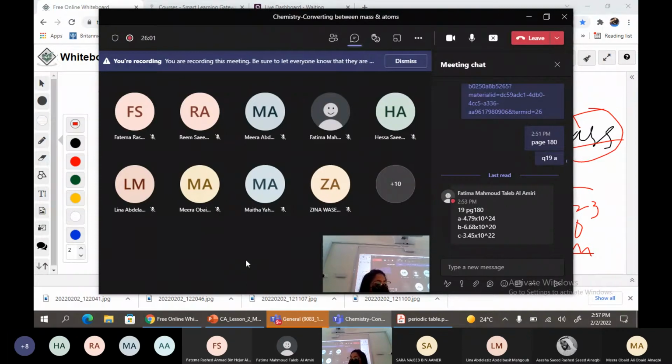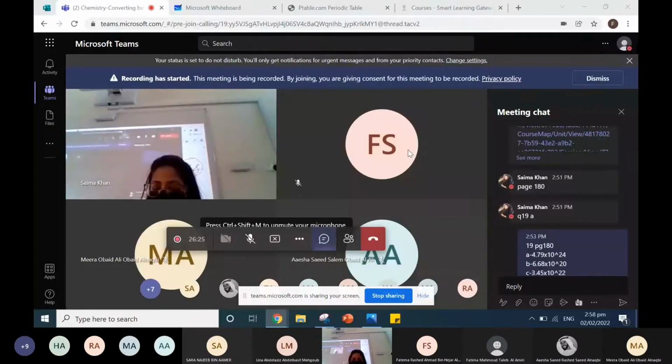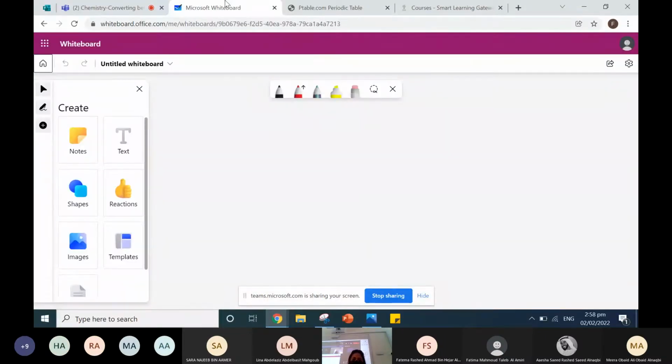In step 2, the given thing was mole, and you need the answer in grams. Just solve the step 2, so all they can see. Moles, yes.